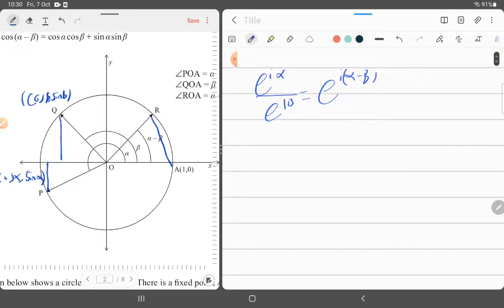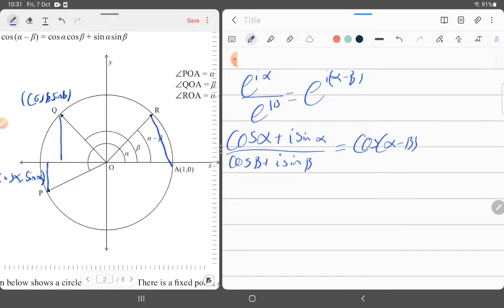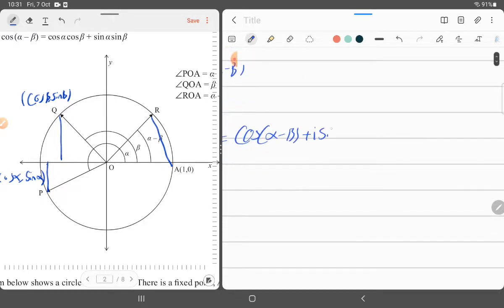Then we can just say cosine alpha plus i sine alpha all over cosine beta plus i sine beta is equal to cosine alpha minus beta plus i sine alpha minus beta.